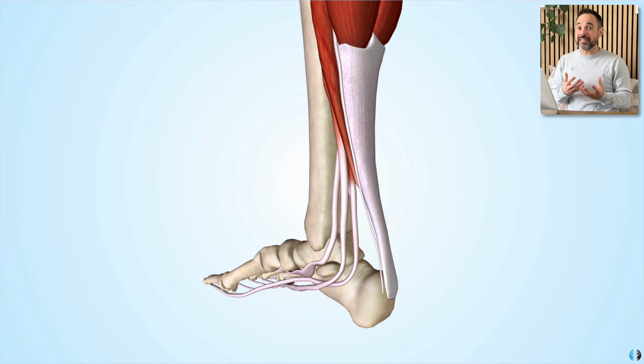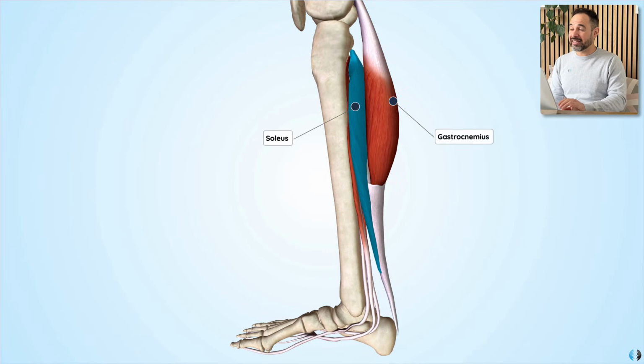There is controversy in the literature as to whether plantaris definitely does or definitely doesn't insert into the Achilles tendon, but we can be 100% sure that the gastrocnemius and the soleus muscles do indeed insert into the Achilles tendon.